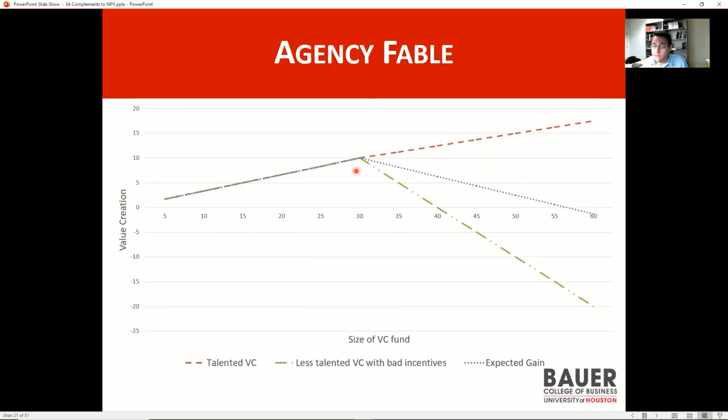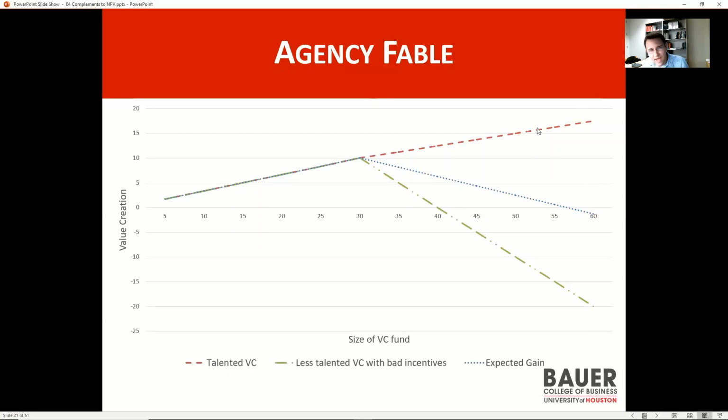If you're a good VC and you raise a $30 million fund, say, you can create $10 in value, $10 in NPV. If you're good, you can keep finding more deals. So if you have a $60 fund, you can create $17 in value. Okay.